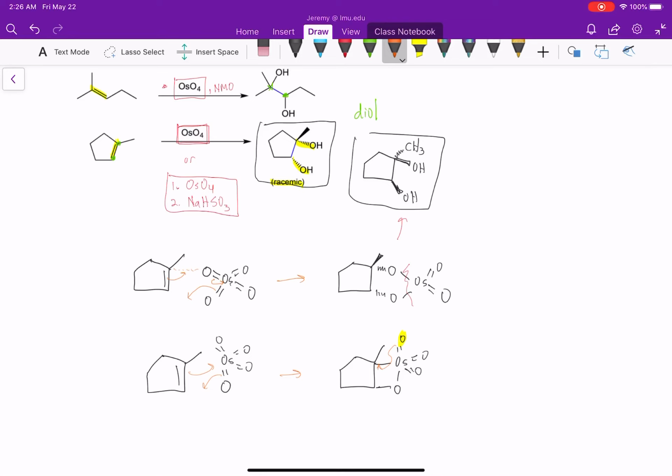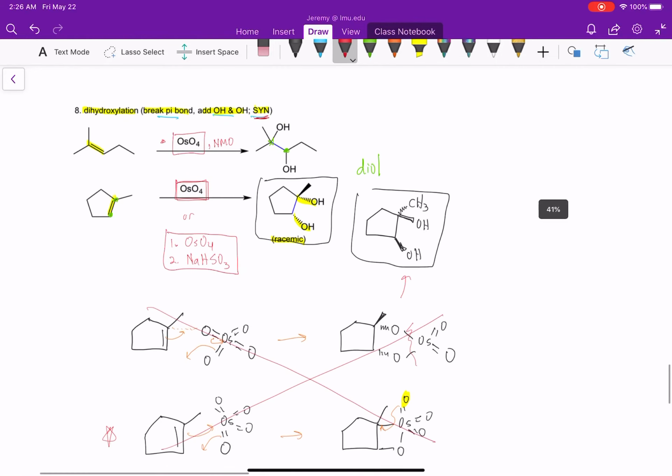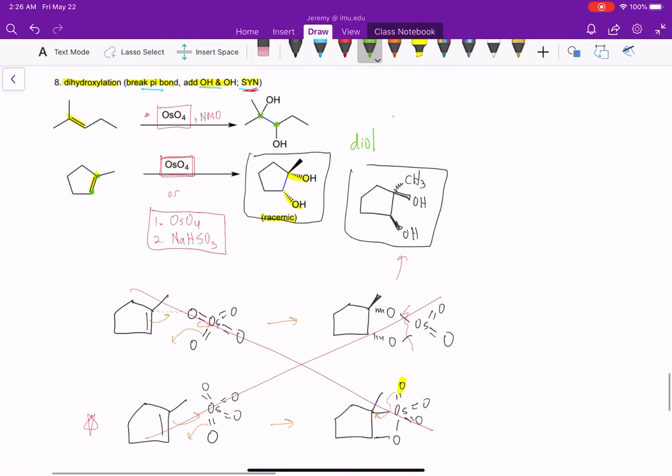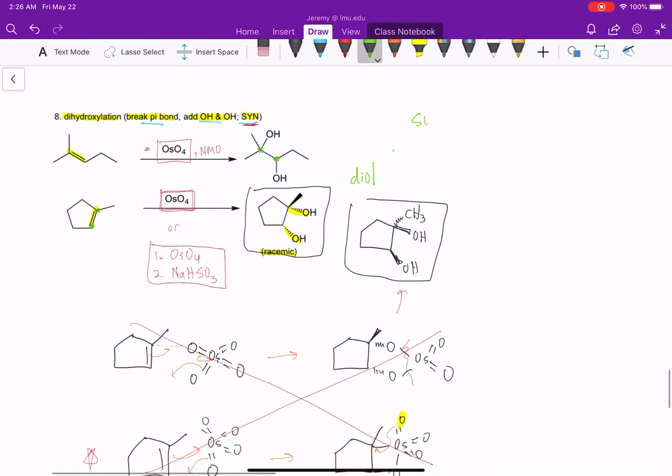But in my class, I'm not really going to ask you these mechanisms. I just want you to understand these are the two options on how this can take place. The second mechanism is more likely, but for us, you don't really have to worry about knowing these mechanisms. We just have to be aware of the reactions and that this is a good way to get a syn addition, right? Osmium tetroxide gives us a syn-diol.